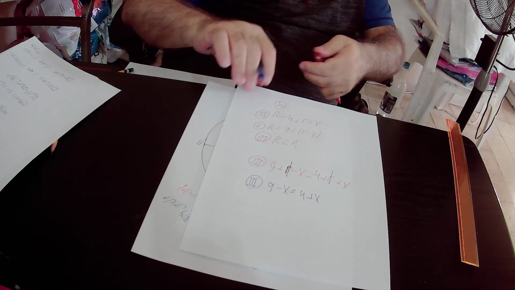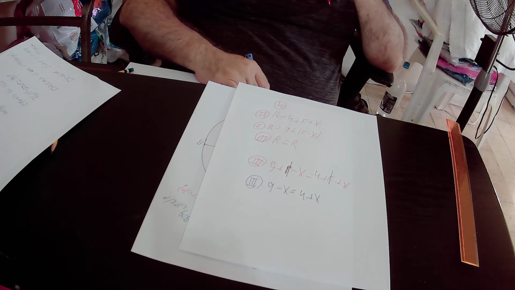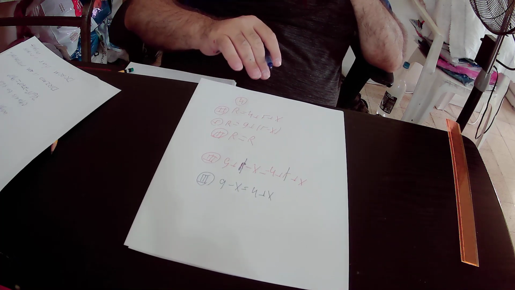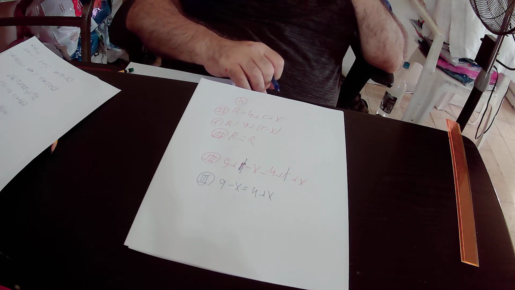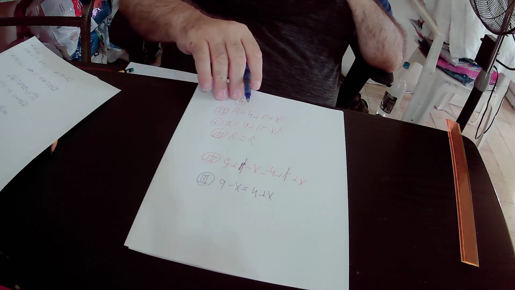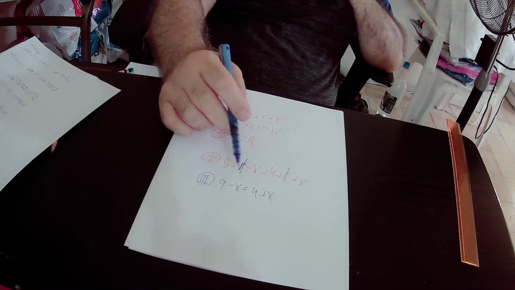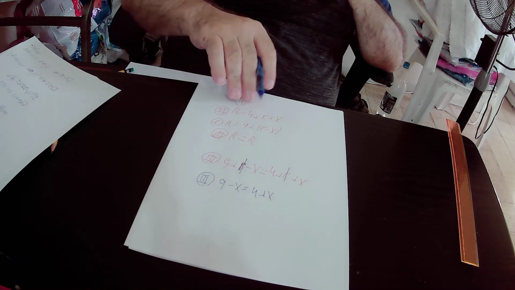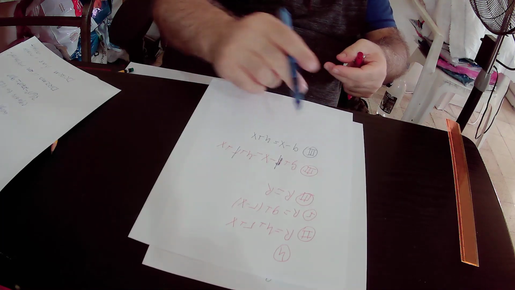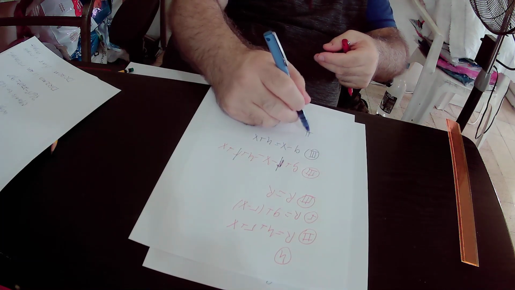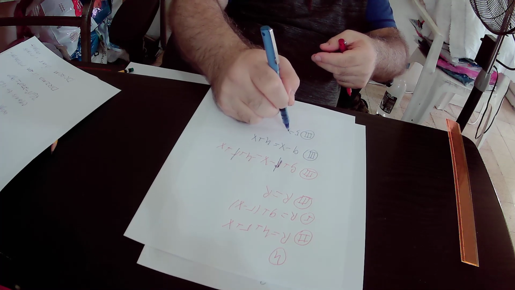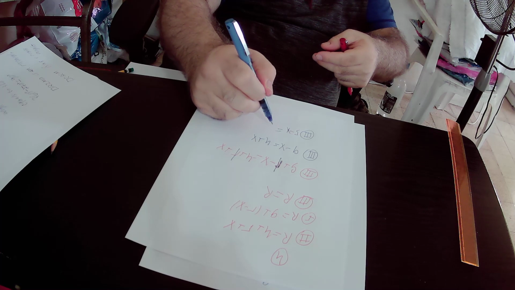Okay, we got that 9 minus x equals 4 plus x. We will subtract 4 from equation number 3 and we will get that 5 minus x equals x.